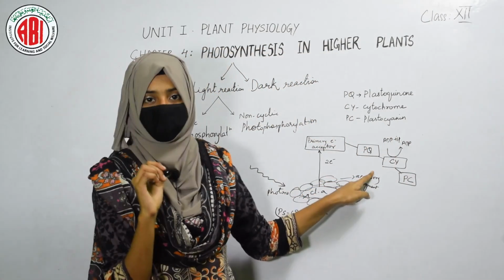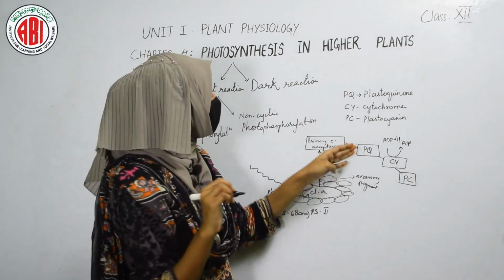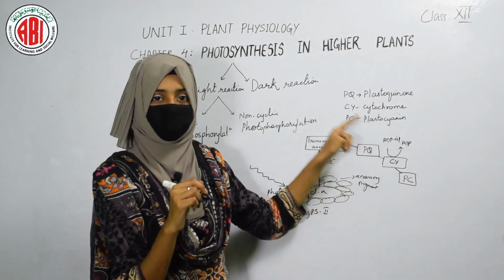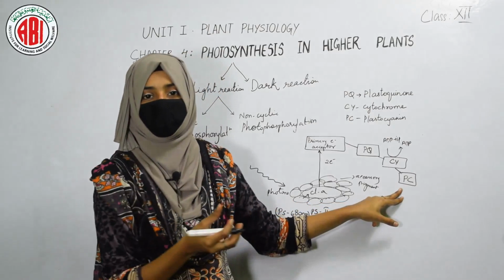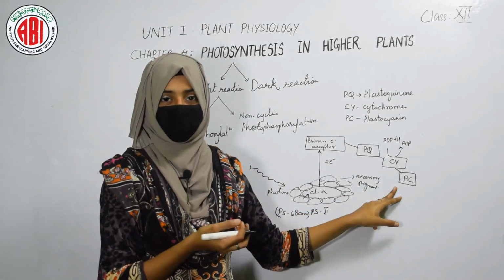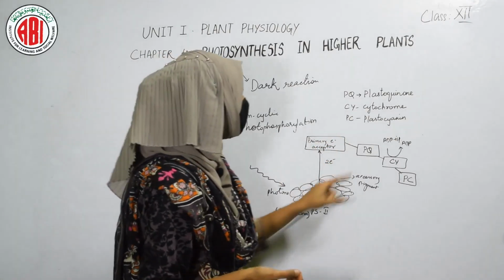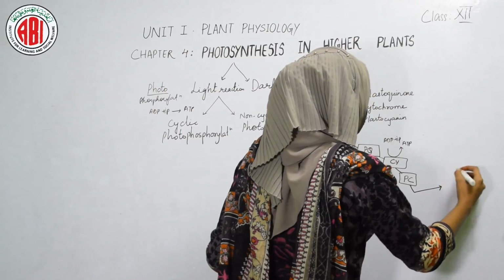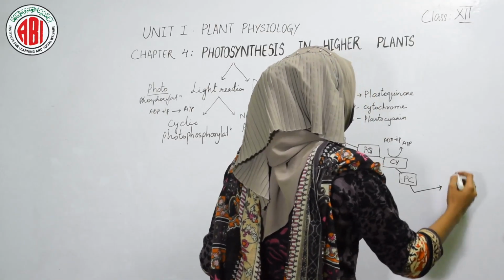At this site, when the energy is released from the cytochrome, that energy is used to form ATP. ATP is synthesized in this step. Now the electrons which reach the Plastocyanin electron acceptor, from this Plastocyanin, the electrons will enter into the PS1 system, photosystem 1.